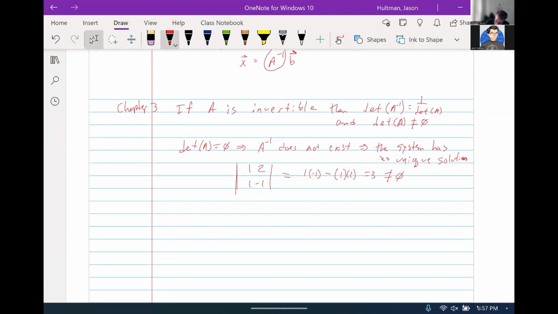Thus, for all X and Y elements of R2, the matrix is invertible, and it has a unique solution.